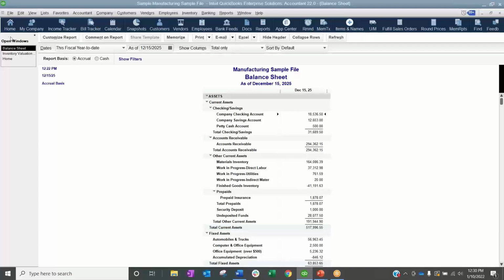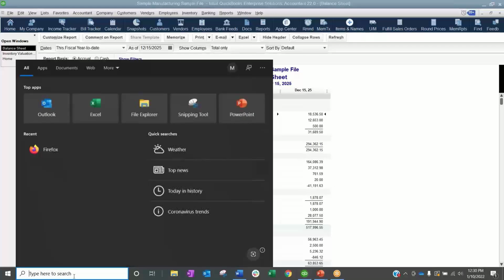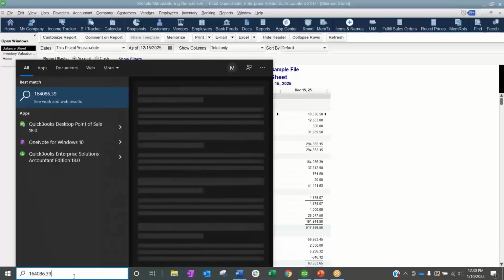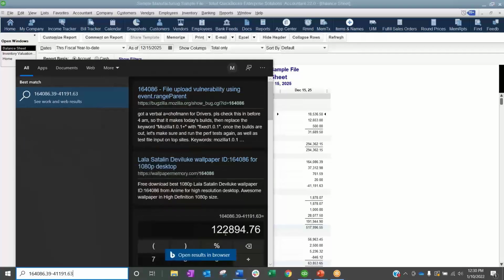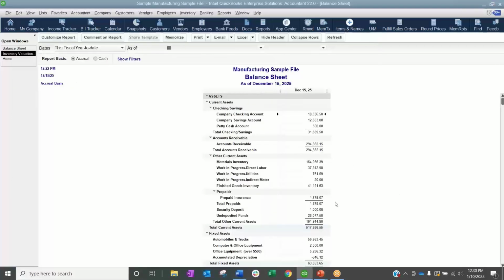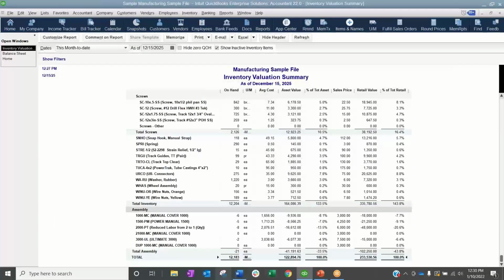But in this case, right, I have 122,000 and maybe 164 minus 41 add up together. Let's see, 164,086.39 minus 41,191.63. 122,894.76. Oh, look at that. They do add up.